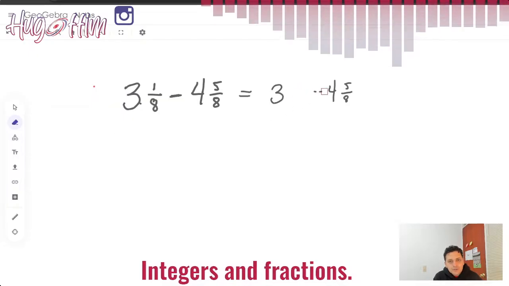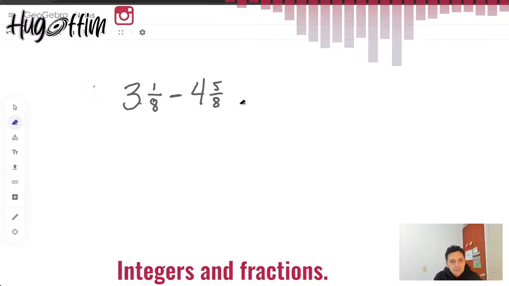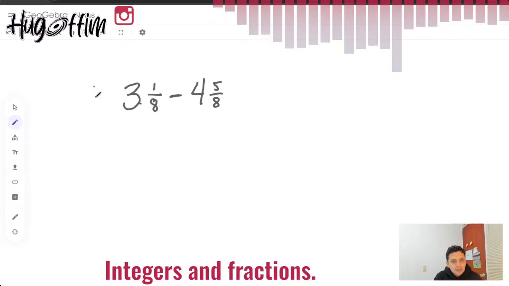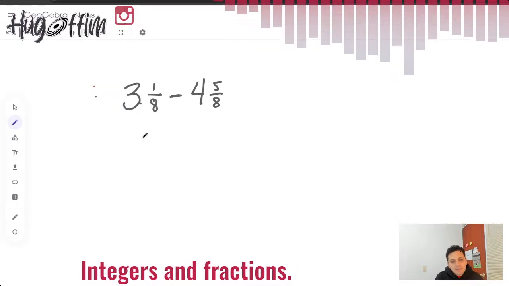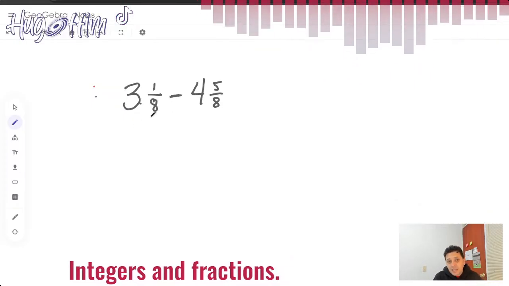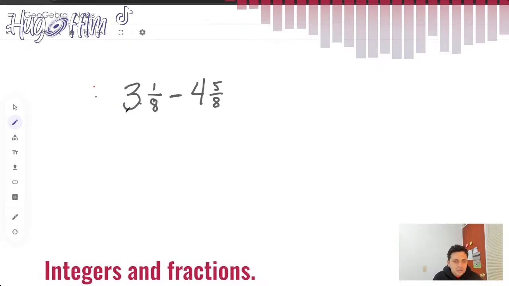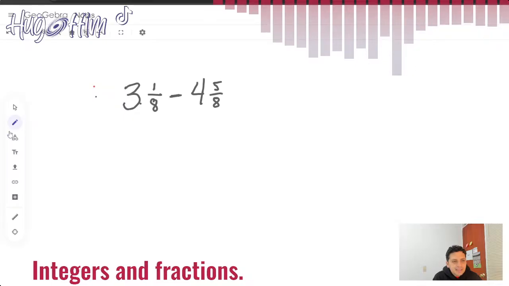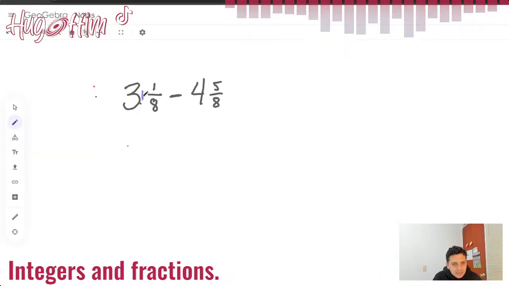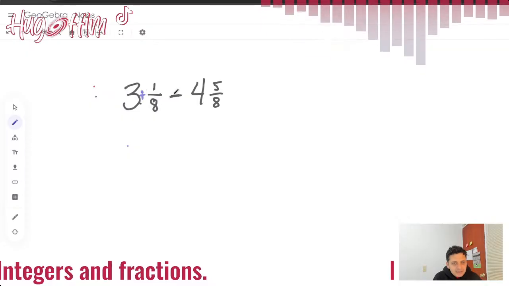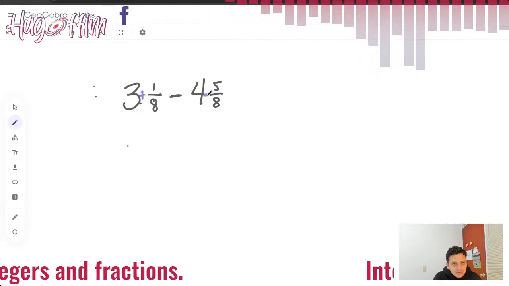Instead of converting these mixed numbers into fractions, so then I can simplify them, which sometimes is okay, I'm going to show you an example in which it's better not to do it. Just remember that a mixed number is just adding the fraction. And here is negative, so it means that this is minus.